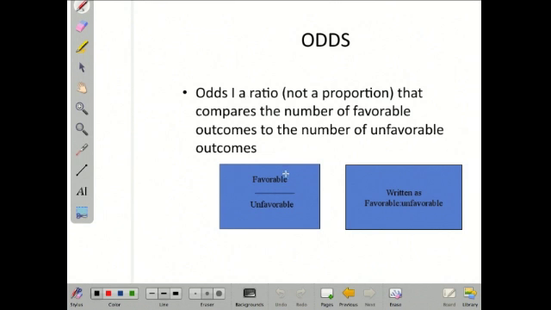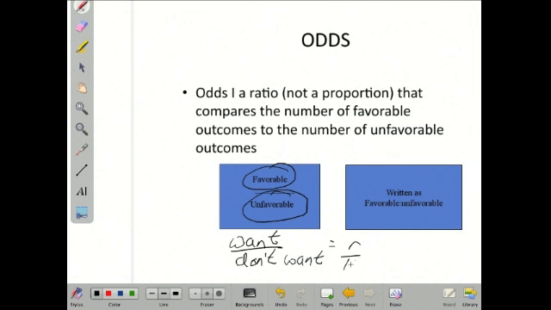In odds, we want what we want over what we don't want. It's what we want over everything we don't want. And again, it'd be equal to an R over 100 if we wanted to change it to a percentage.